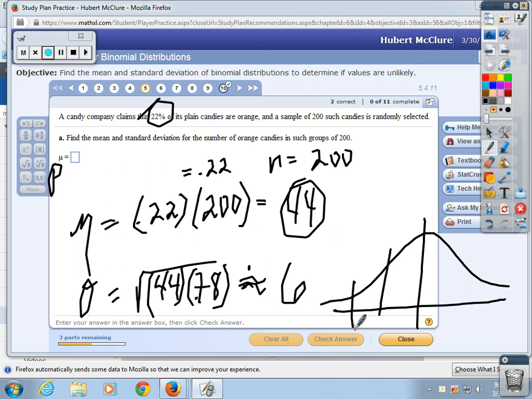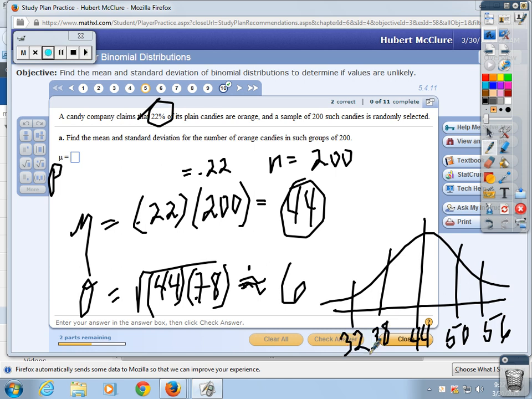And the reason I want you to do all of this, even though it doesn't ask for it, is whenever you're asked for something being normal or not, you'll already have it. So 44 plus 6 is 50, and 44 minus 6 is 38.